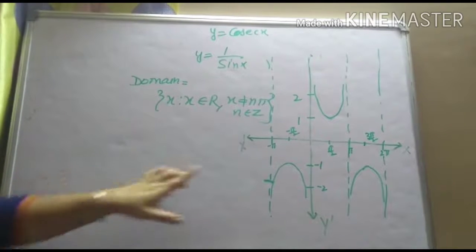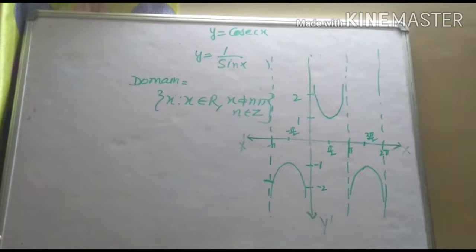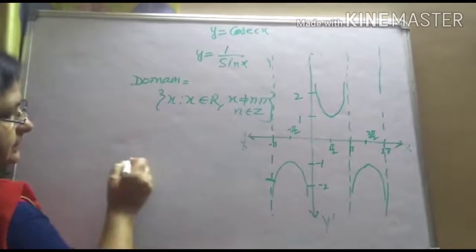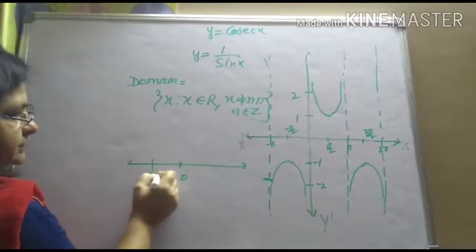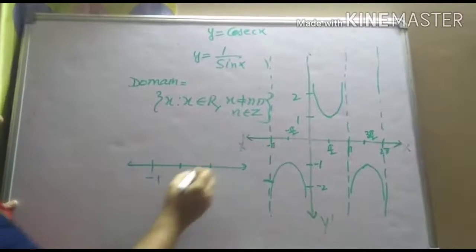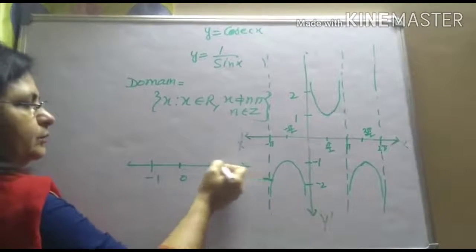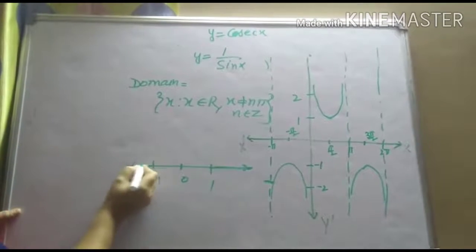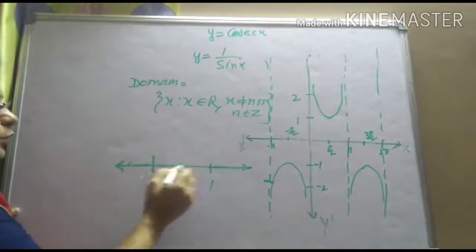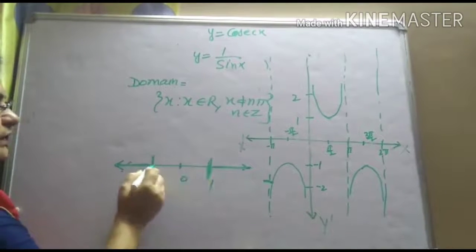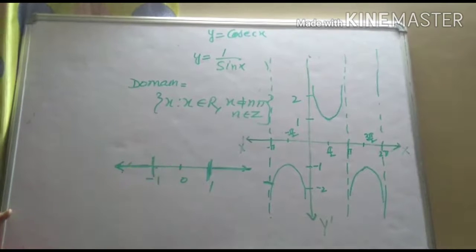And from the graph, we can see the value of y lies, this is 0, this is 1, from 1 to infinity and minus 1 to minus infinity. There is no value between minus 1 to 1.